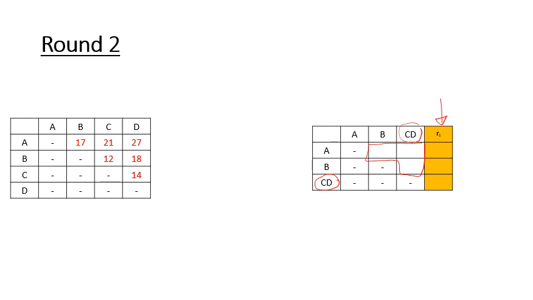To compute A to B, we don't have to compute the value, we'll just look at the previous distance matrix to see the distance between A and B. The observed distance of A to B is 17, and then we'll have to calculate the distance of A to CD and B to CD, and to do that we'll use the formula shown here.